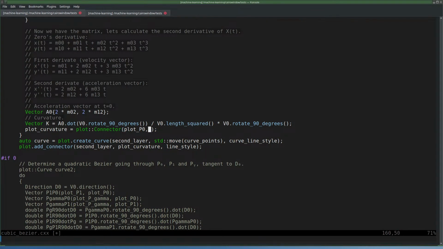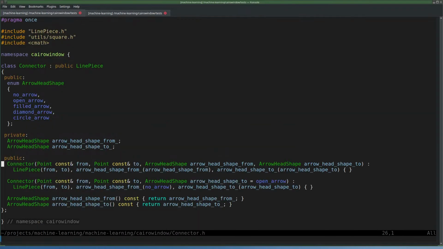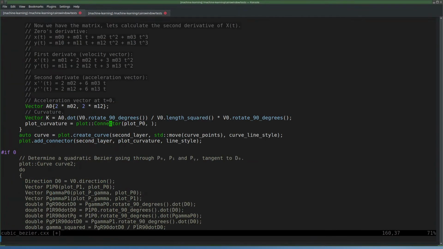I want to plot k, the curvature vector, starting in P0. The connector takes a from and a to, so I have to say go from P0 to P0 plus k. That should work.